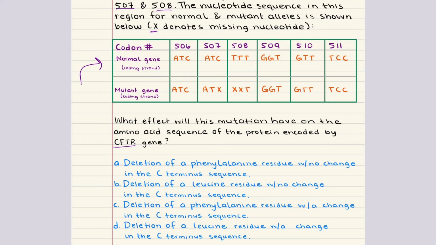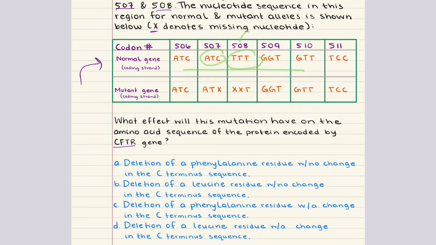The first thing that I want to point out about this problem is that we're told that the mutation occurs in the coding strand of DNA. So that means the messenger RNA sequence is going to look almost the same, except that U replaces T. In the normal gene, codon 507 is ATC and codon 508 is TTT.